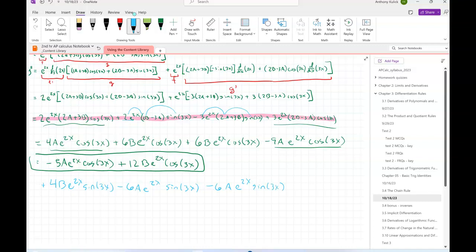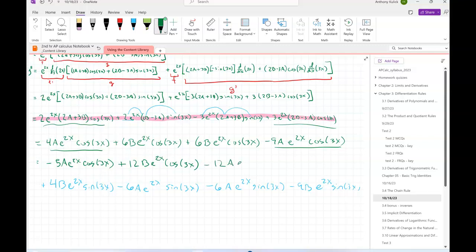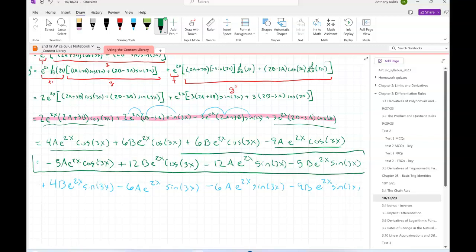And then it's going to give me minus 9b e to the 2x sine 3x. And so I combine that stuff together, and I'm going to have minus 12a e to the 2x sine 3x, and then minus 5b e to the 2x sine 3x. There's my expression for y double prime that I'm going to use.